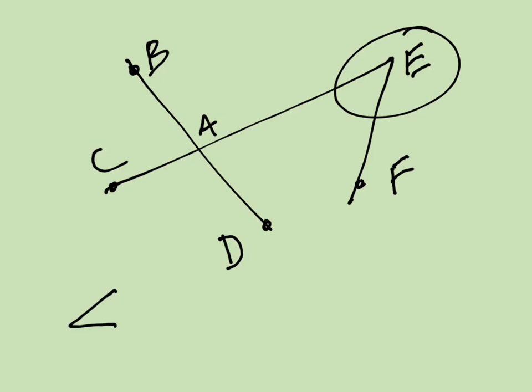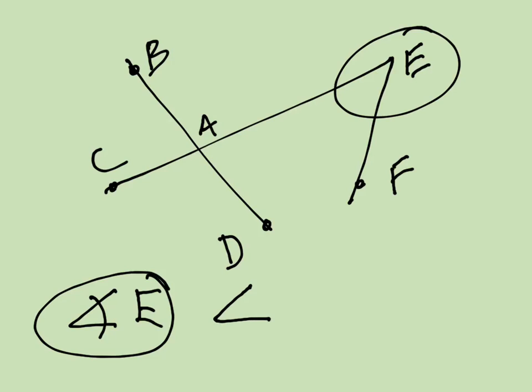We use the angle symbol and then E. Now you will notice that in books and printed stuff, like on the computer, they don't quite write it that way. They write it like this. You really should do it with the angle arc in there, because otherwise that looks like a less than sign.